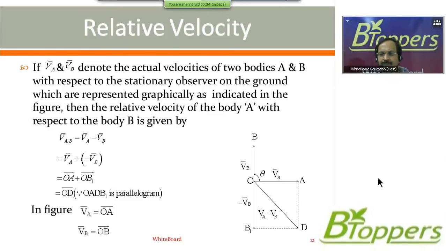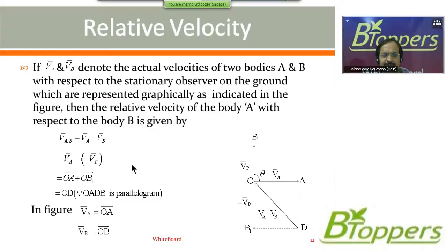The direct line segment OA bar represents the actual velocity of body A. The direct line segment OB bar represents the actual velocity of body B. The relative velocity of the body A with respect to the body B is given by VA bar minus VB bar.